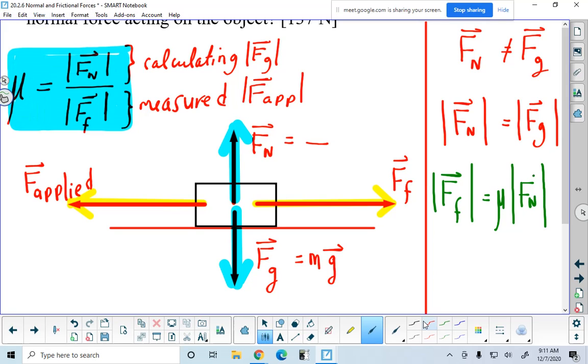And again, when you use this formula, how do you calculate the normal force? Well, the normal force has a magnitude equal to the force of gravity, so you calculate the force of gravity instead. Even though they're in opposite directions, they have the same sizes.